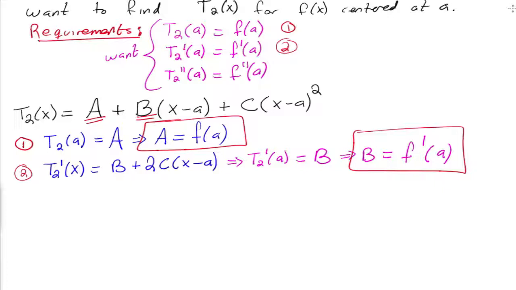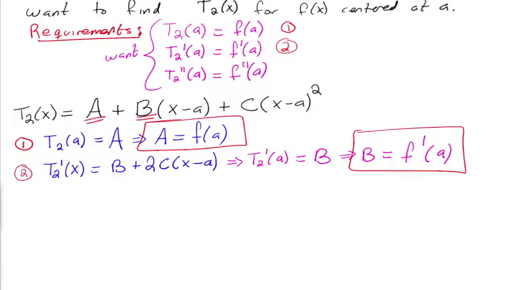For the second requirement, is T2 prime of x or prime of a? Well, the last one is T2 prime at a because it's at the point. But to find that, I had to get the derivative first. So why didn't you do that for the first one? Why isn't it T2 of x for the first requirement?